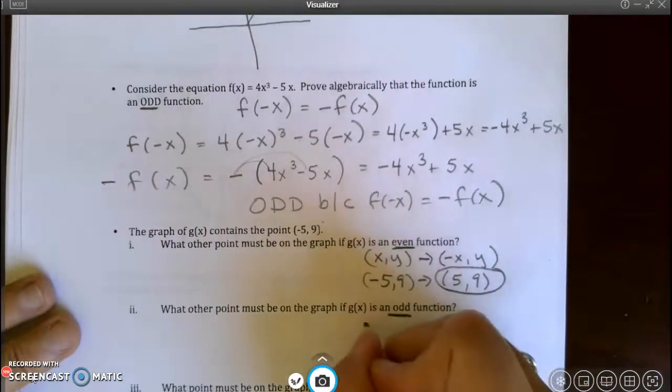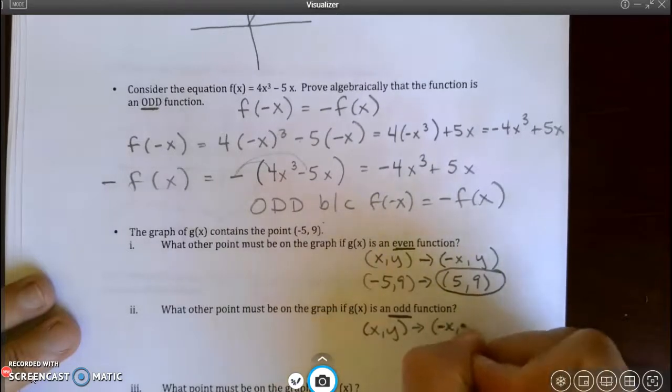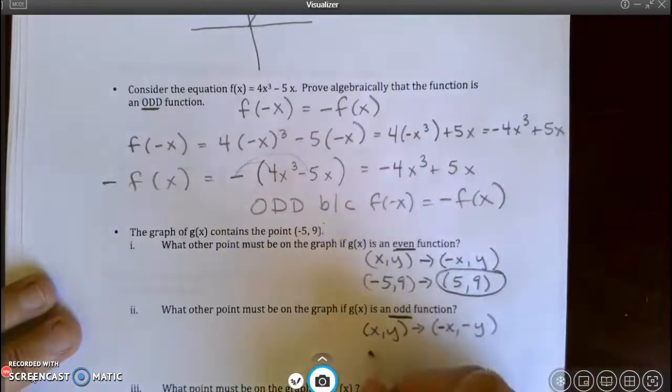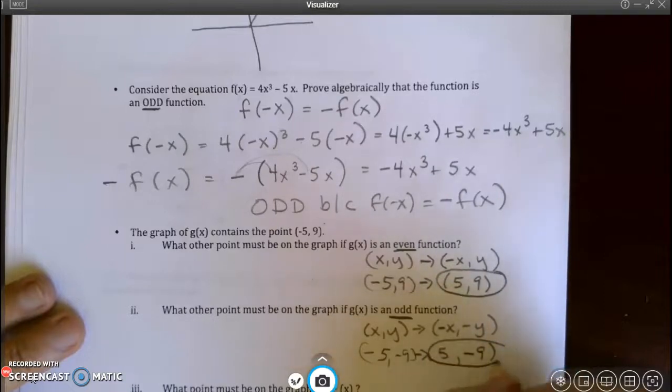If it's odd, then we rotate and everything changes, x and y. So negative 5, 9 becomes positive 5, negative 9, sorry. Okay.